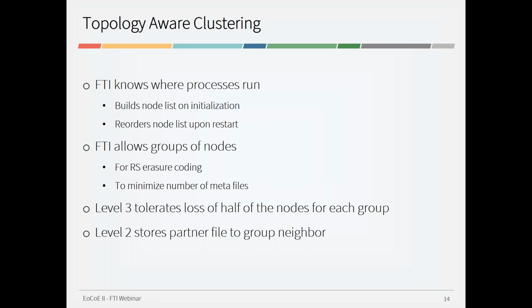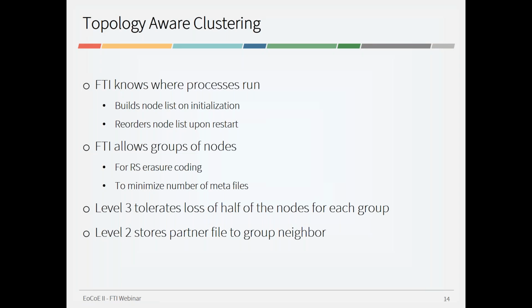In the configuration file, you set a size for the group, and FTI groups all the nodes into groups of that size. I have a very nice graphic where I can show you that a little bit more intuitively.